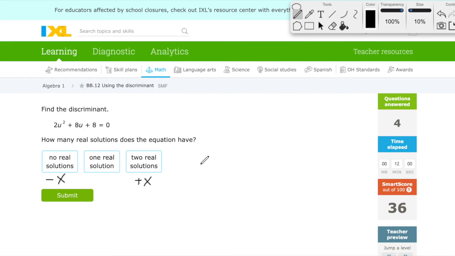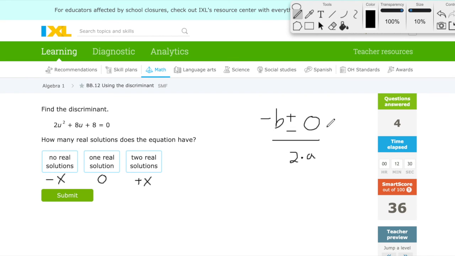Well, what about that last one that we haven't talked about yet? That would actually be if the discriminant works out to be exactly 0. The reason being is if we have our quadratic formula and we do the plus or minus part, the square root of 0 is 0. Whatever this number is, plus 0, is going to be the same thing as whatever this number is, minus 0.